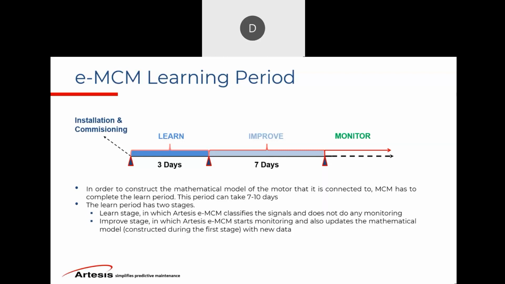Here we take 4,000 iterations for learn and another 8,000 for improve, and once the combination of both is completed, the system will go into monitor mode, basically to monitor the system together with the existing fault information. I think that's a significant advantage of the system. Within that small period of time, it can actually learn how the system behaves and then have an initial baseline for further monitoring throughout the future.